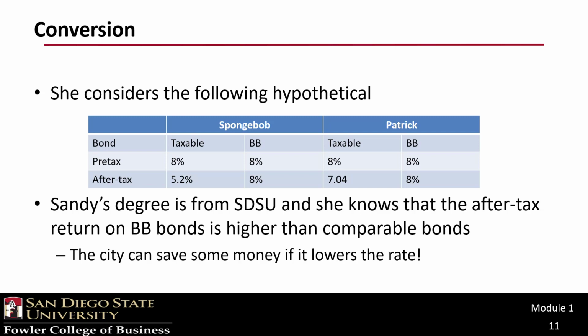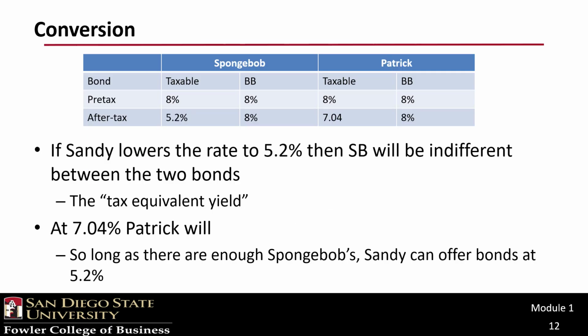Well, Sandy's degree is from SDSU, and she knows all about implicit taxes. And she says, well, wait a second, we can save some money if we lower the rate. And so what happens is Sandy lowers the rate on the taxable bonds to 5.2%. In this case, SpongeBob would be completely indifferent, and we would describe that as the tax equivalent yield.